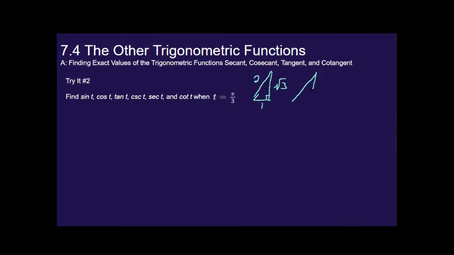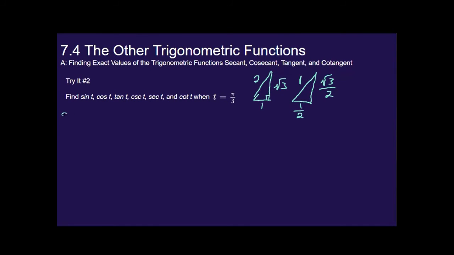Since we're working with a unit circle, we know that the hypotenuse has to be 1. So we have to divide every other value by 2. Square root of 3 over 2 and 1/2. These are your values of y and your values of x. Pause the video, try to find all 6 values of the trig functions, and then come back and make sure that you did it correctly.